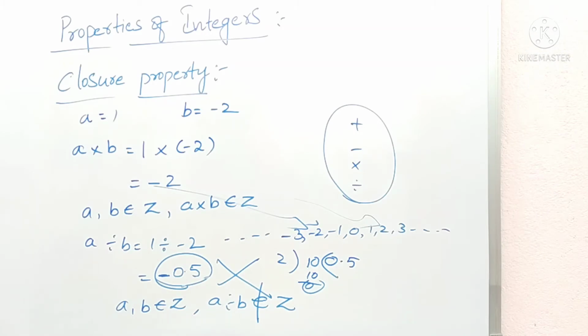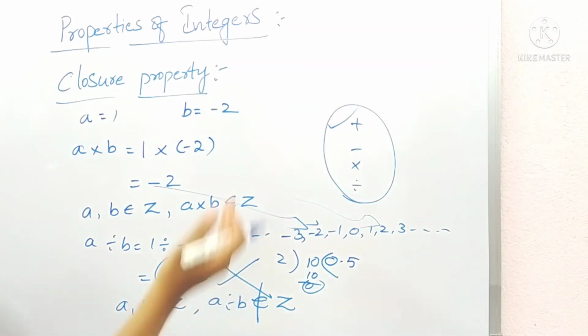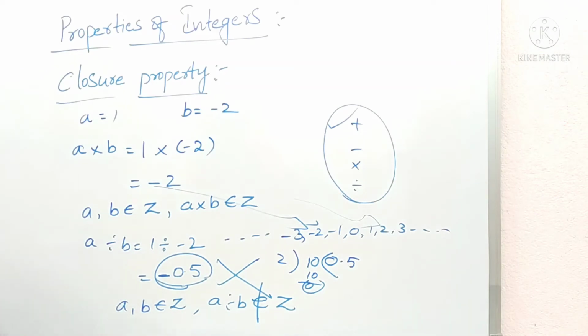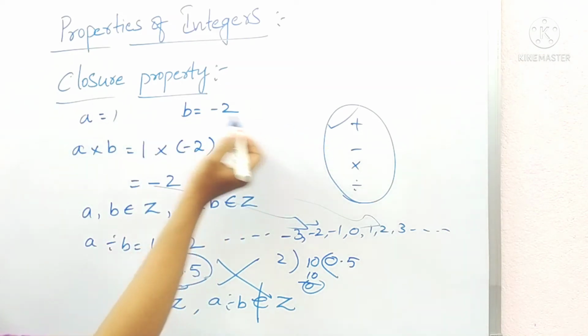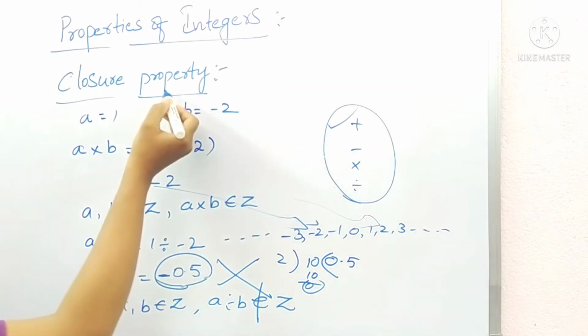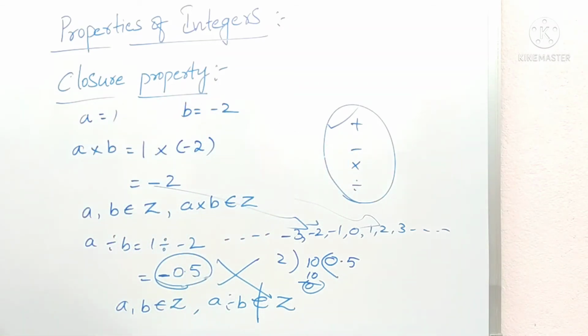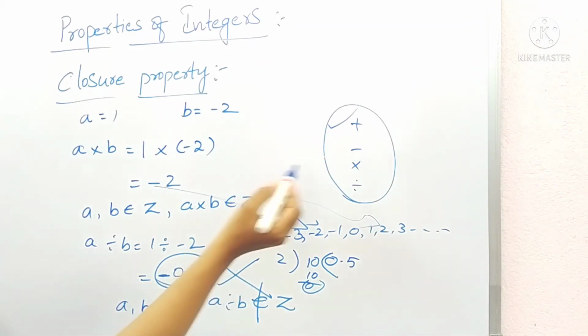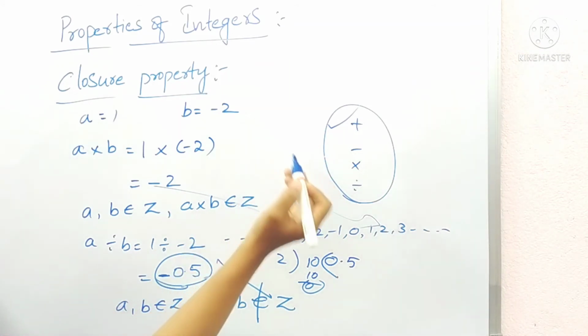Okay. So here we have learned the closure property of integers. First of all, if we add two integers, the result is also an integer. So we can say the sum of integers follows the closure property. That means integers are closed under addition. In the same way, if we subtract two integers, we get again an integer.